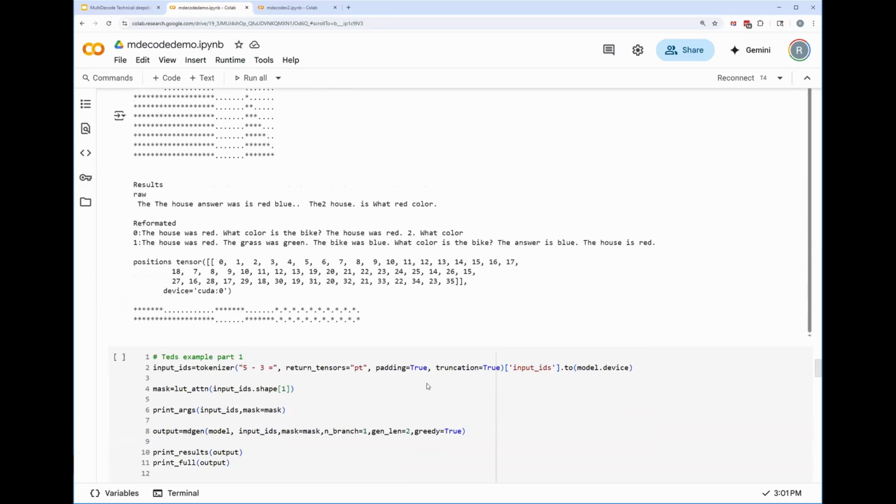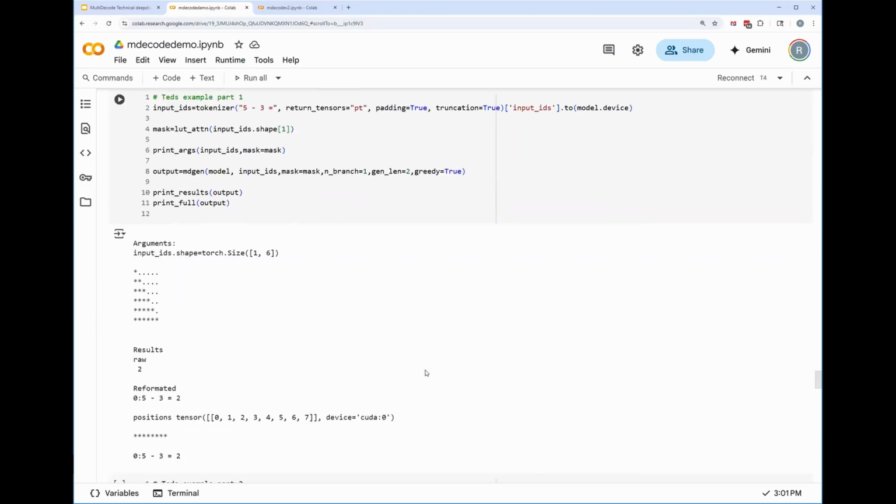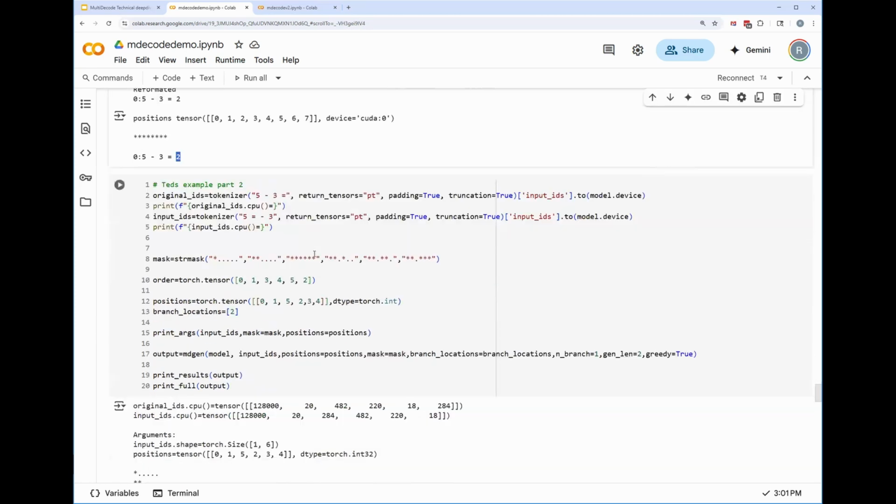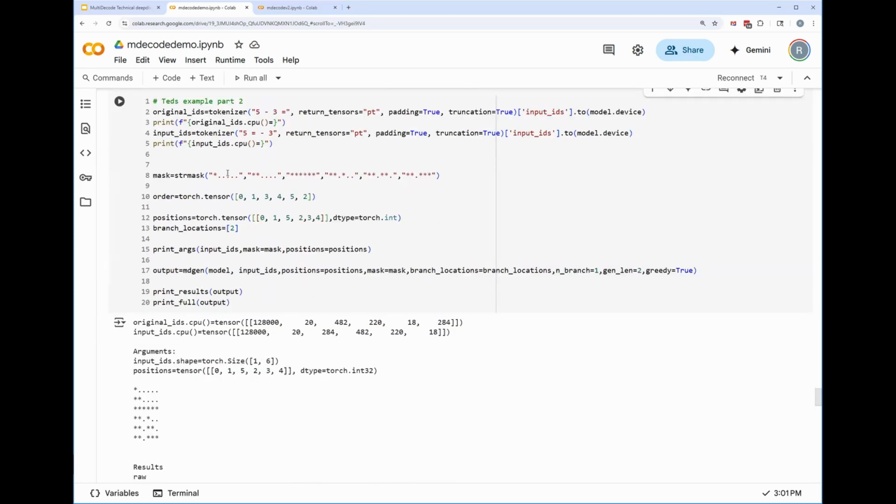This was Ted's example. It really doesn't matter what location a token is in. It just matters what its rope encoding is and what the attention mask is. So I did a simple one here with just 5 minus 3 equals, and we got the answer 2 back. Part 2, we scrambled it.